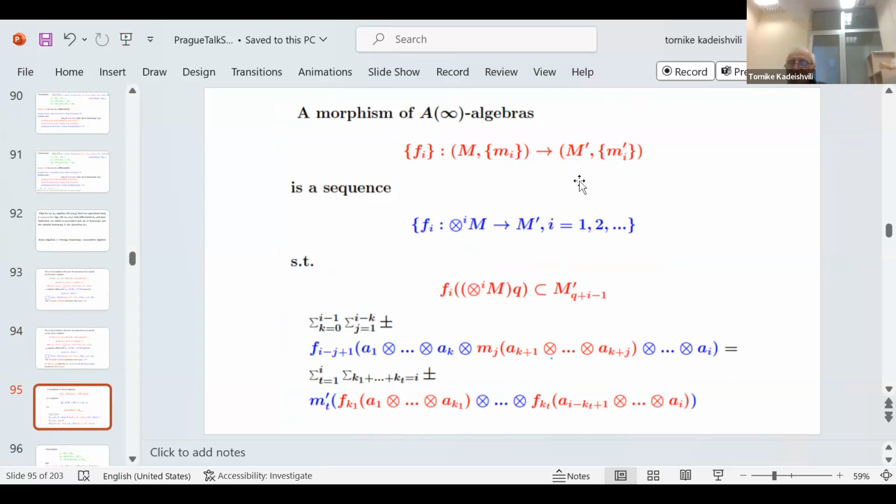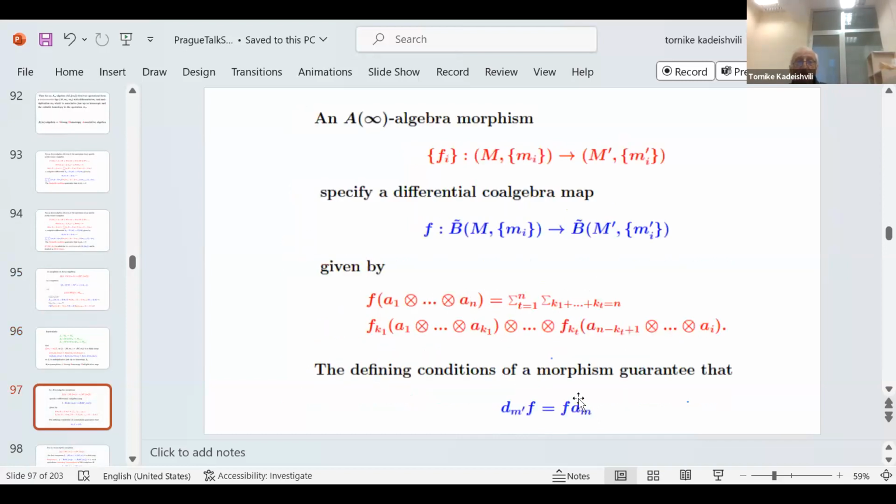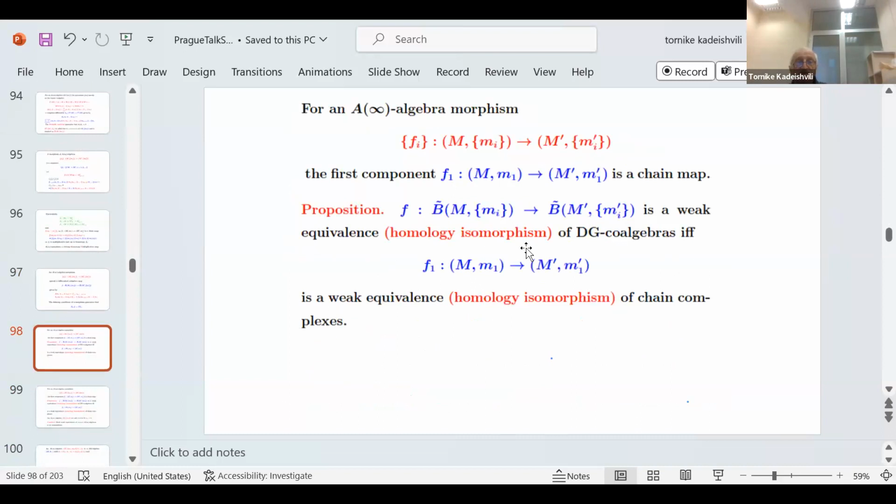Stasheff did not have this morphism notion, and I did it in '75 when I was a PhD student, by the way. It is something with some properties, and these properties guarantee that it is a strong homotopy multiplicative map, and that it is a correct map of the corresponding bar constructions.